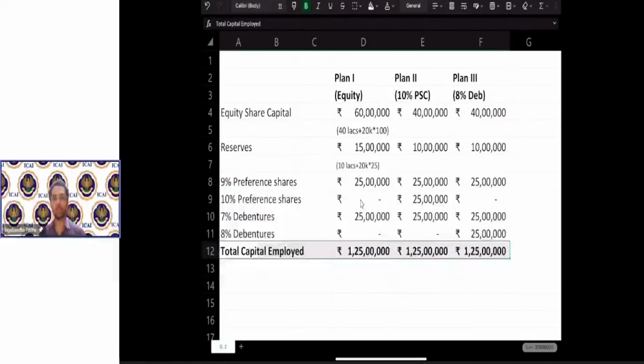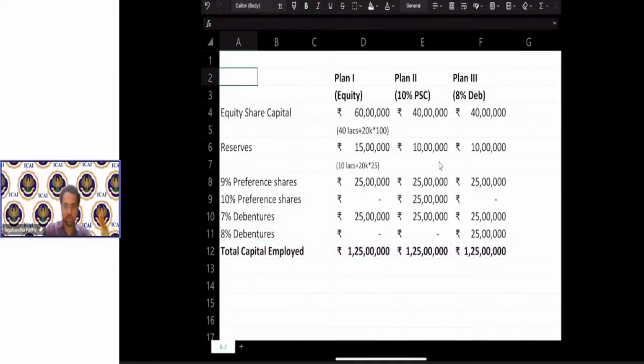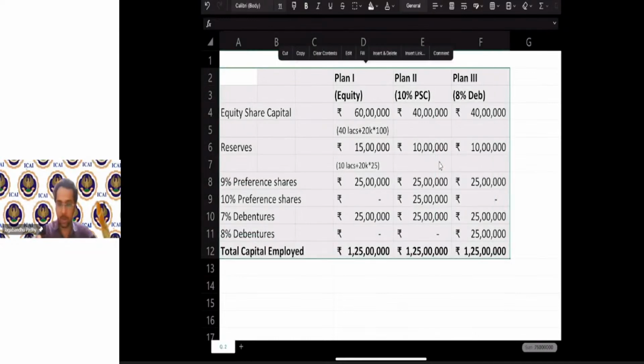The total capital employed is 1 crore 25 lakh. Okay. Now, that's the capital employed portion, or this table is basically about the capital employed part.